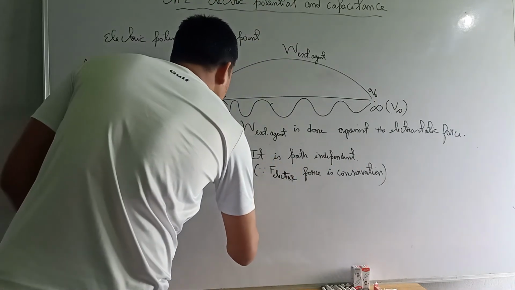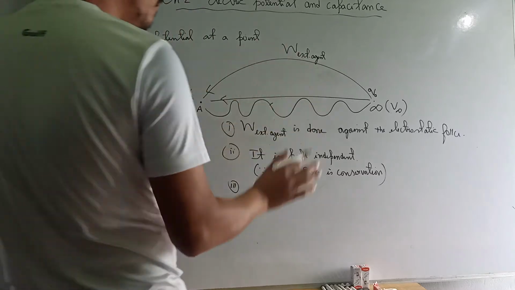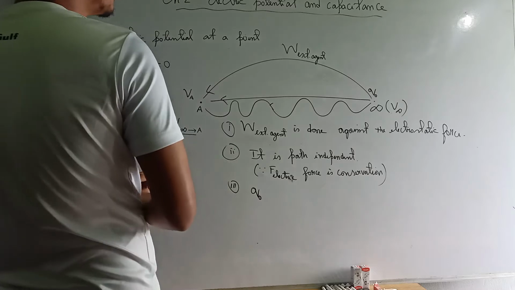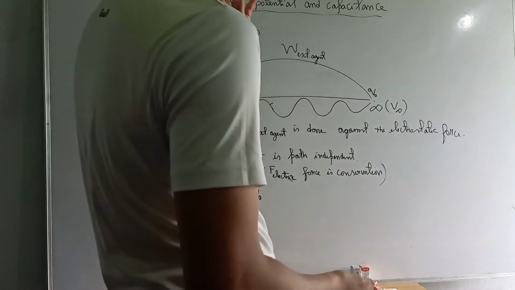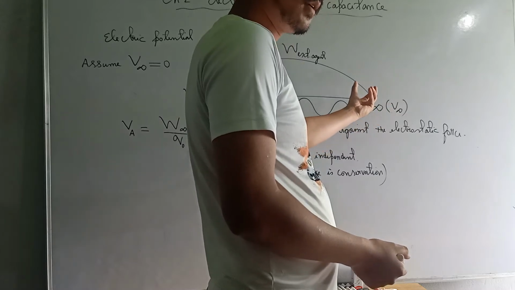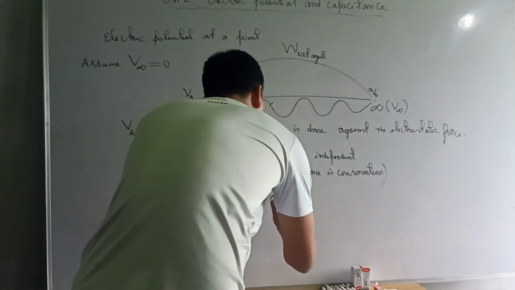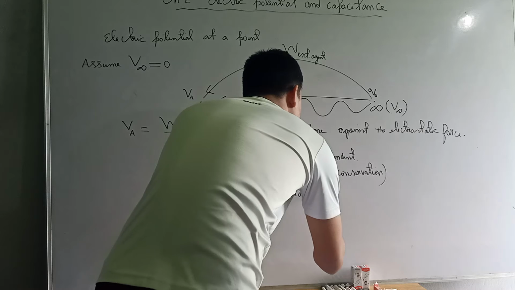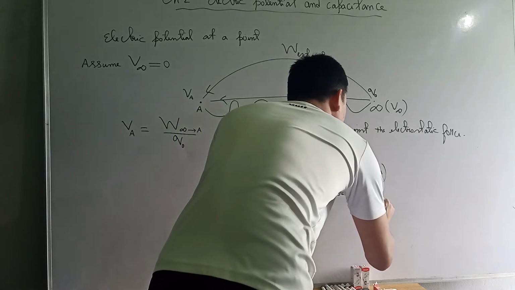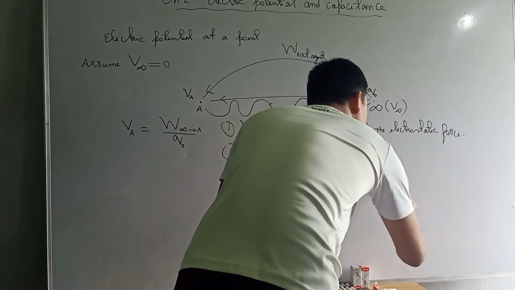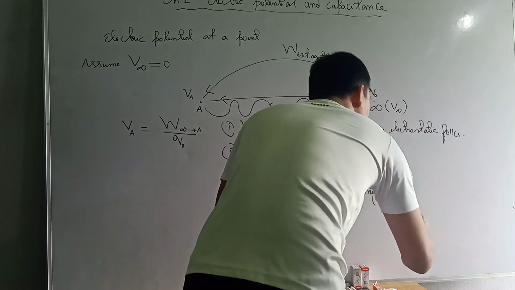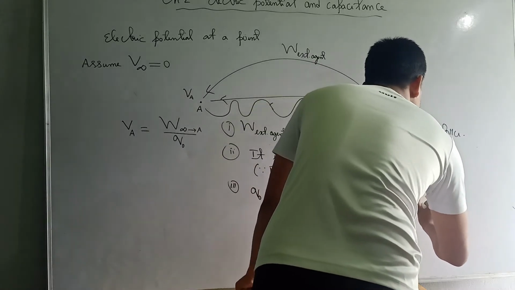And number 3, there is one more condition, and I have told you that this Q0 should not produce any electric field by itself. Q0 should not produce any electric force by itself.